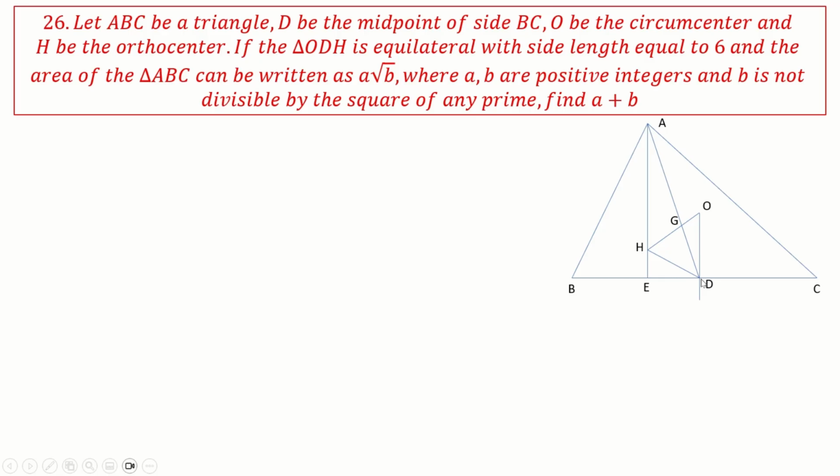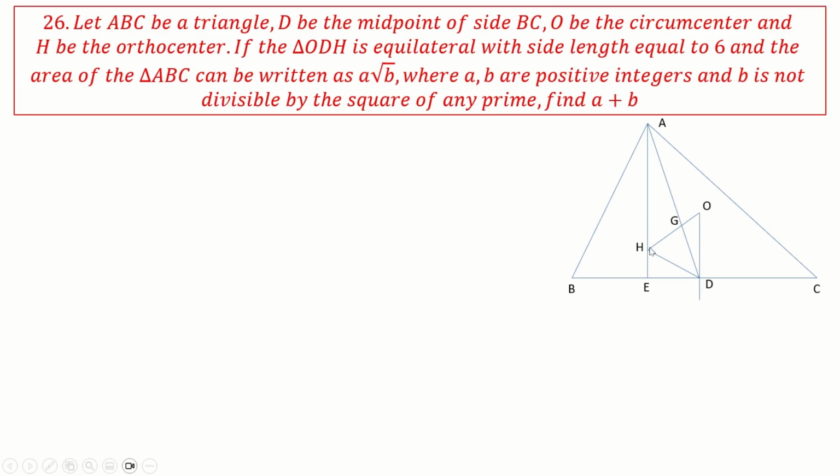Now one thing you should understand: what is OD? OD will be perpendicular to BC, because O is the circumcenter and D is the midpoint, and the circumcenter is formed by the perpendicular bisectors of the sides. So OD is perpendicular to BC.